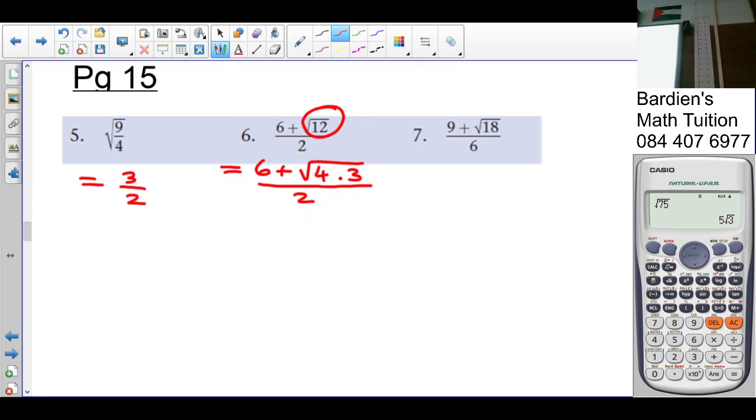As we did before, we're going to break this up. So it's 6 plus what? This would then be the square root of 4 times the square root of 3, all over 2. Not so? At this point, I put each one over its own 2. So it's going to be 6 over 2 plus, what's the square root of 4? 2 root 3 over 2.